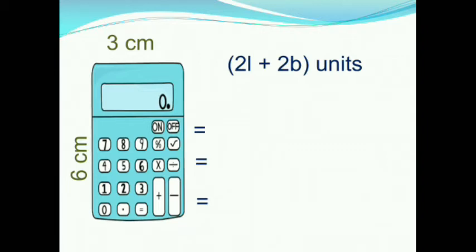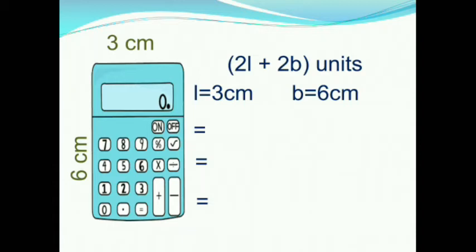What is the length of this calculator? Yes, it is 3 centimeter. What is the breadth of this calculator? Yes, it is 6 centimeter. Now we should multiply length and breadth by 2 and add it. Now we should find out the perimeter of this calculator.